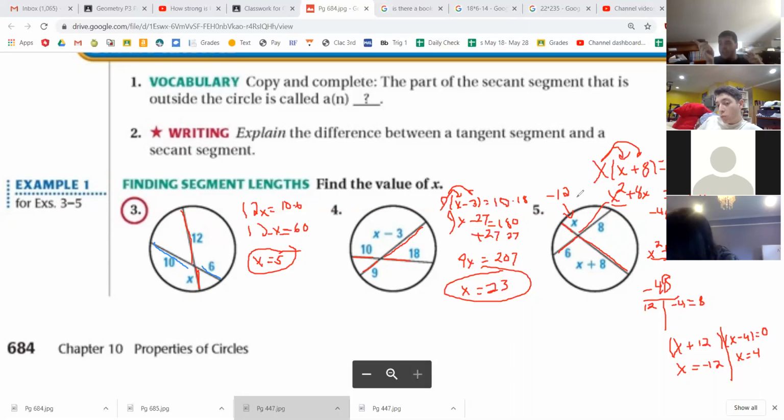That means negative 12 is not a solution because it causes a line to be negative. So we cross this out. So the only one, when I plug in 4, they're all positive, and that's okay. So 4 is the only answer we have.